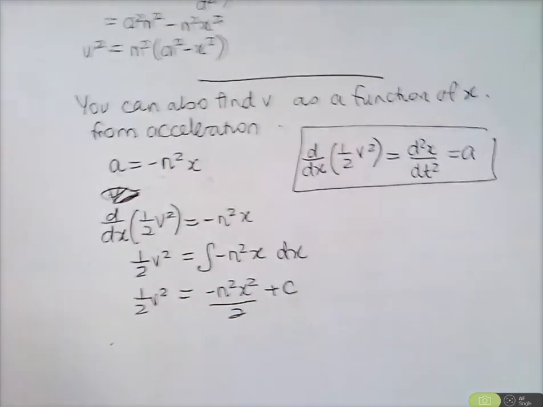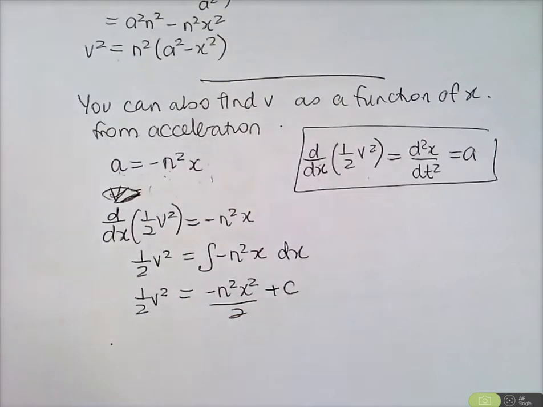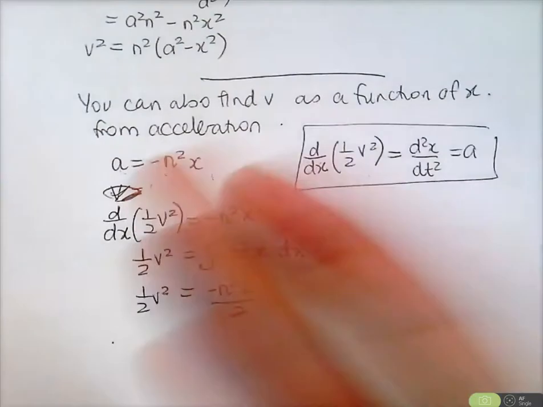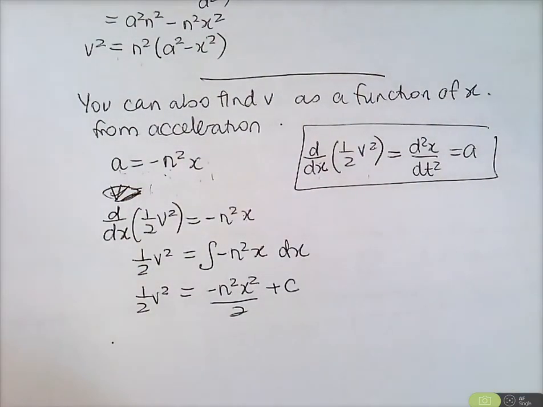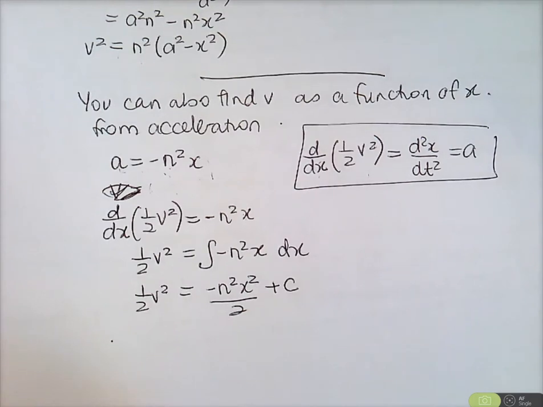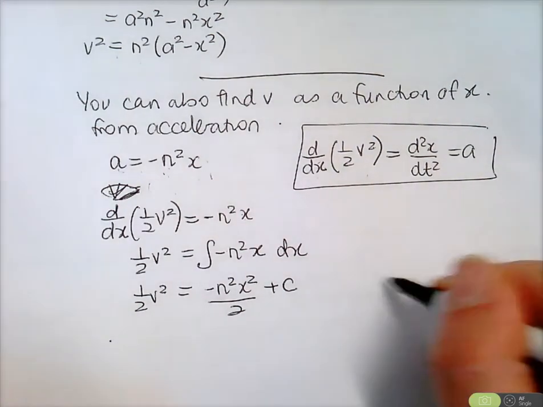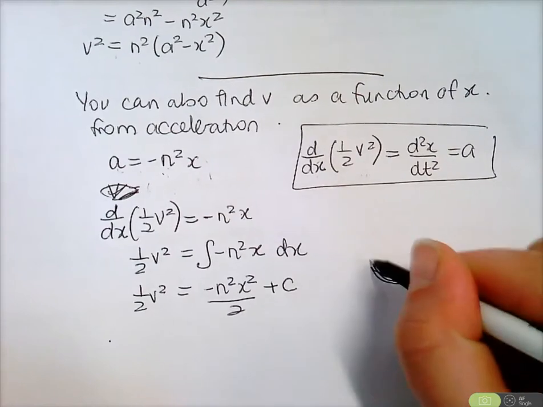All right. What do we know? This is simple harmonic motion. I haven't given you any information, but you can tell me about the endpoints. We're going to have to find a relationship between x and v. Tell me when v is 0. Here's my simple harmonic motion.